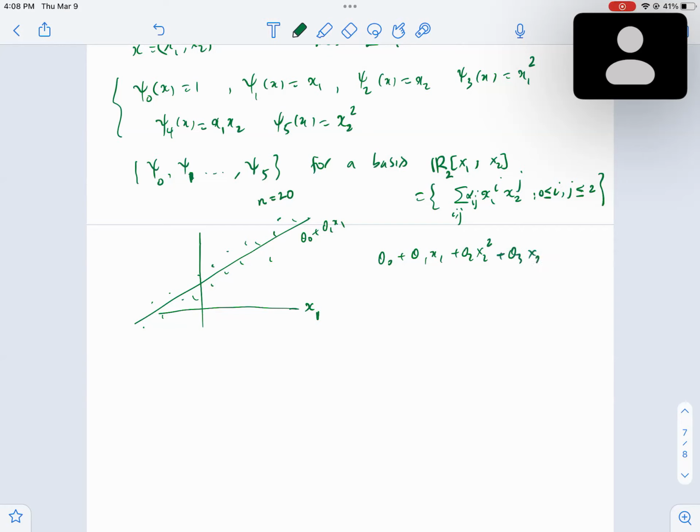Up to degree k, I would need k plus 1 parameters, which includes the intercept.